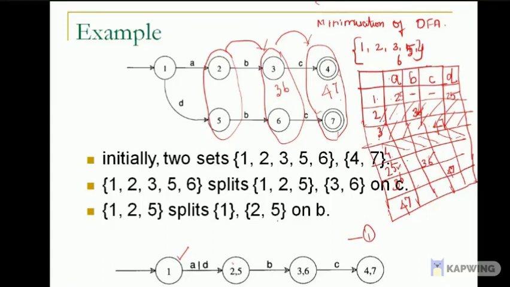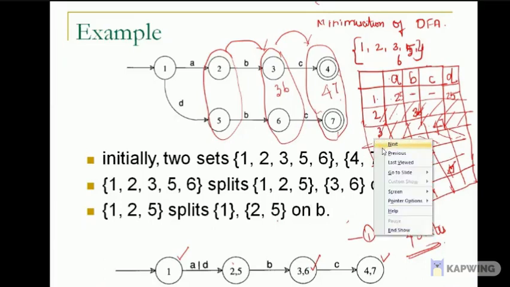And from 2, 5 on B, it is moving to 3, 6. Yes. And 3, 6. From 3, 6 on C, it is moving to 4, 7. Clear? So, totally 4 states are there. Fine. So, this is the way to minimize DFA.